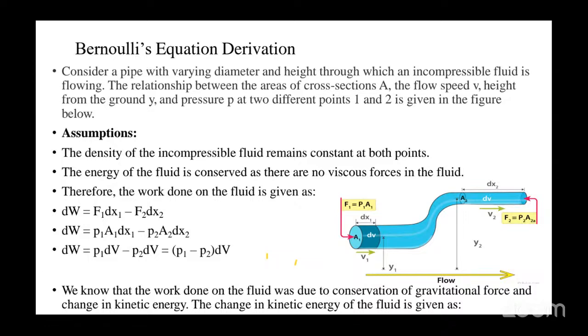If you recall, when we were deriving the continuity equation, we converted volume to AV. Before we did that, we said volume is equal to area times distance. So here now we have P1 A1 dx. A for area, dx for displacement or distance.